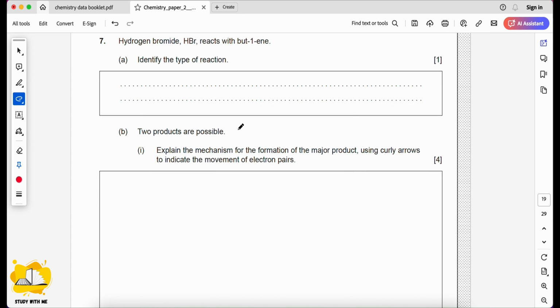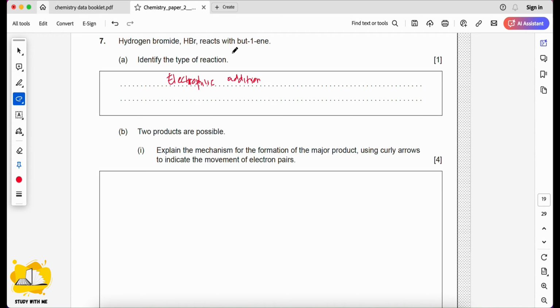Hydrogen bromide, HBr, reacts with but-1-ene. Identify the type of reaction. It will be electrophilic addition, because butene is an alkene with a double bond, so HBr will be added across the butene.